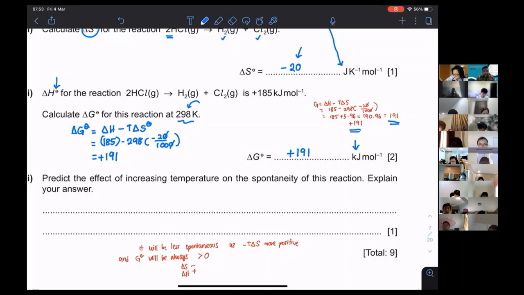Predict the effect of increasing temperature on the spontaneity of this reaction. This question actually could be better. Why?